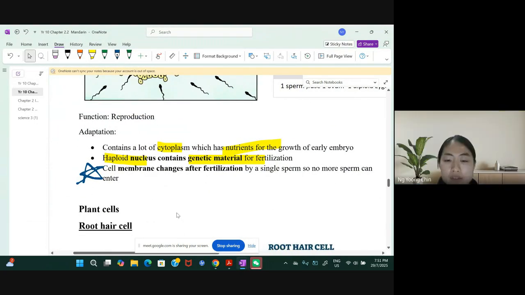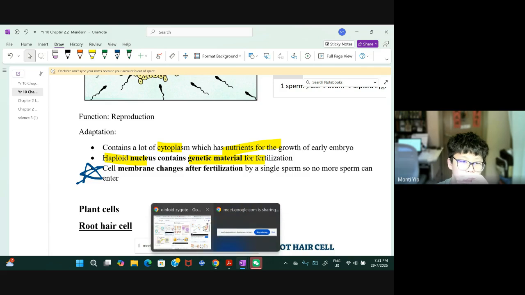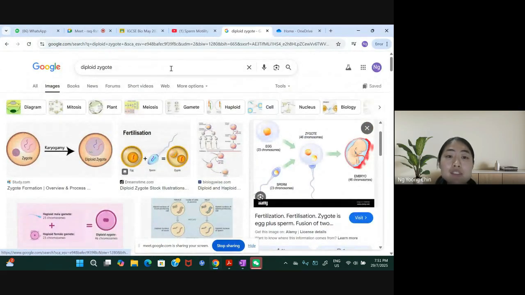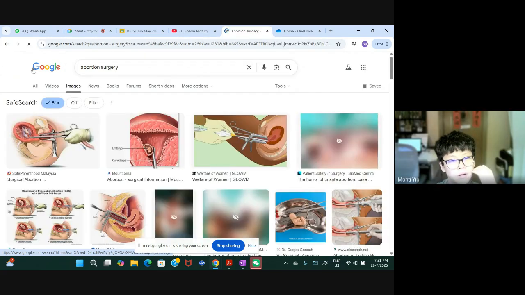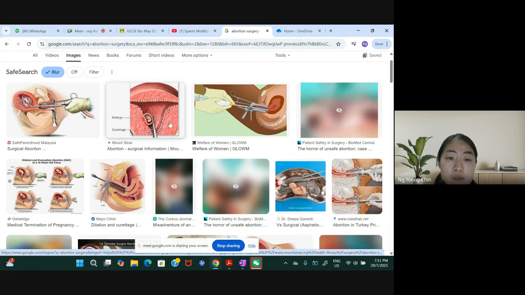So, you know, there's a thing we call as what? Miscarriage. It's not miscarriage. Abortion. You heard about this surgery, abortion? You can see, abortion can be done if the baby is still in the zygote stage.